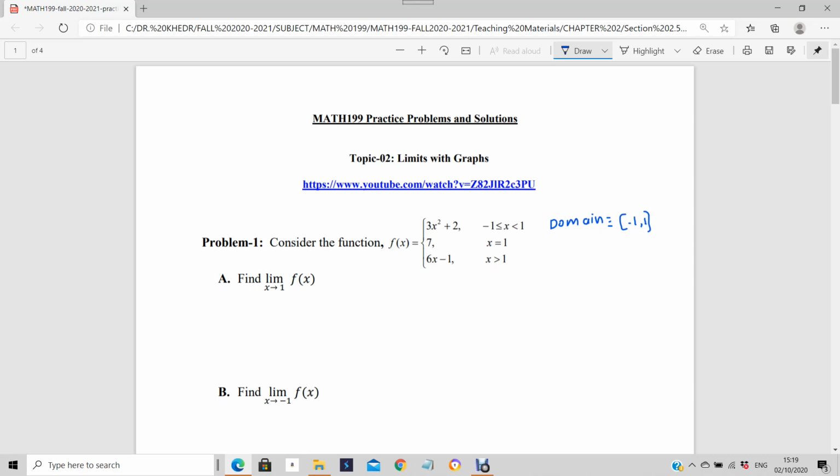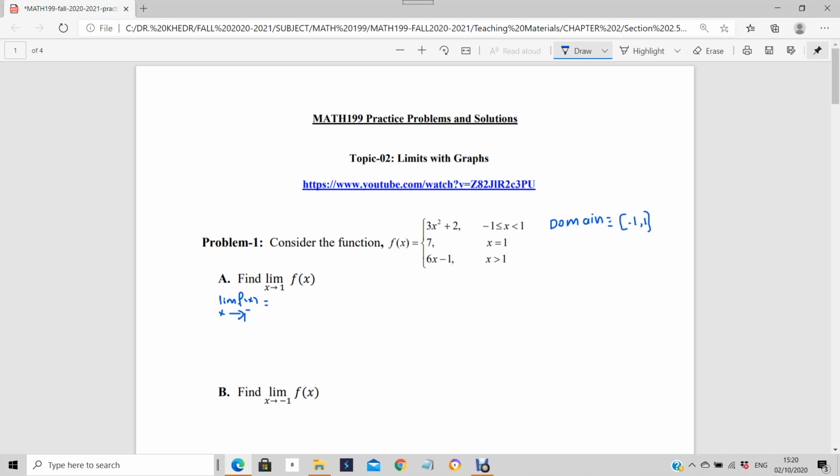So now let's start with the first part. Find the limit of f of x as x goes to 1. To answer this question, first we need to find the left side limit, lim f of x as x goes to 1 from left side. That means we are talking about values of x that are less than 1.